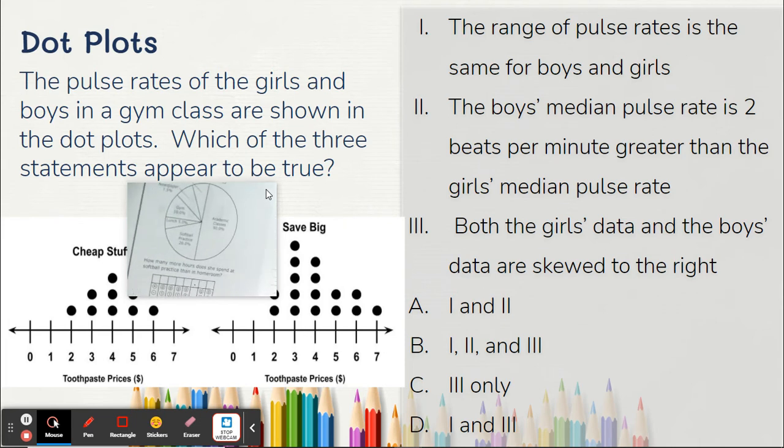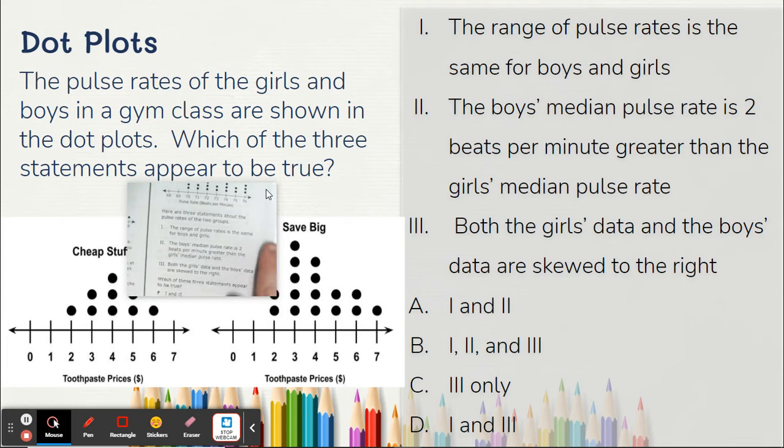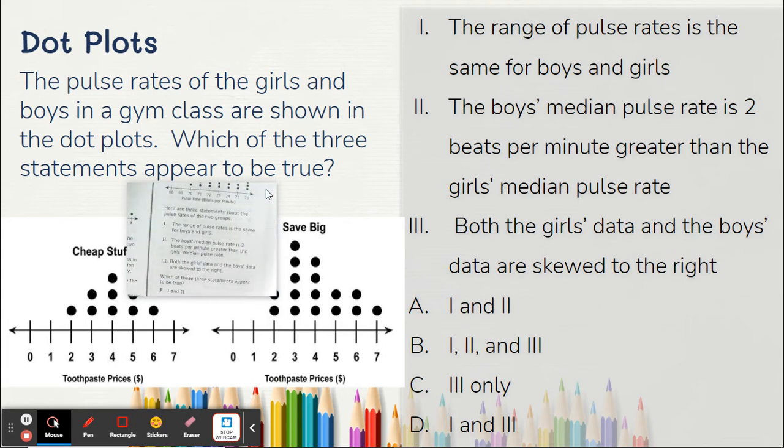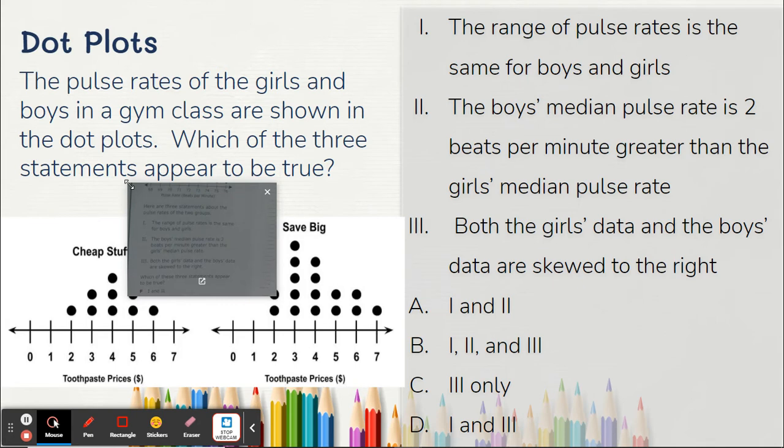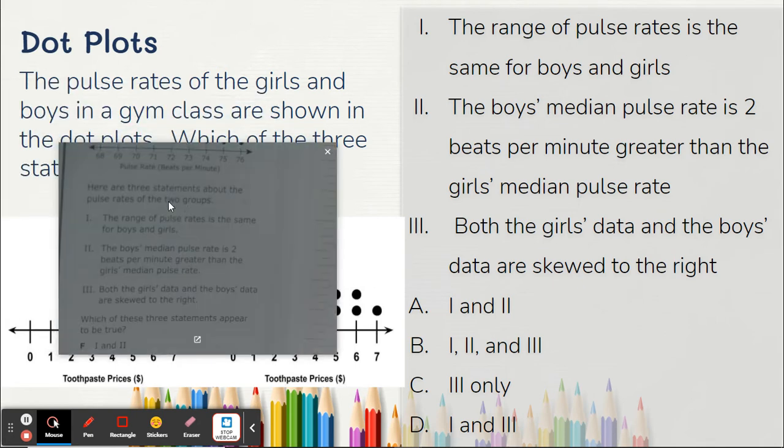Plots of 12A, right? This one. Okay. Pulse rates. The pulse rates of girls and boys in a gym class are shown in the dot plots below. Okay, so let me open this up for you so you can see.